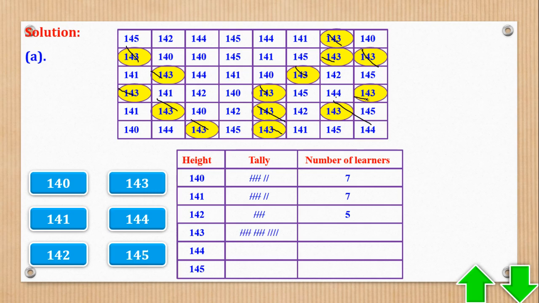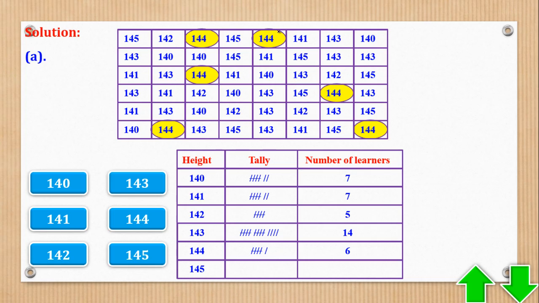So we shall put a tally of 14. Then for 144, 1, 2, 3, 4, 5, 6. So you put a total of 6.